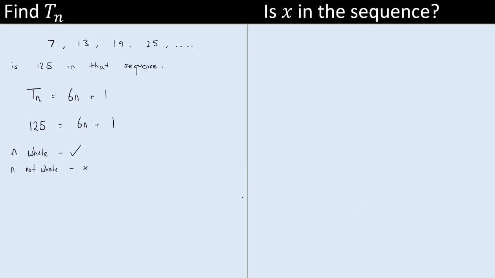Okay, and you will have solved equations like this time and time again. I shouldn't have to go out of my way to say what this is. But what we eventually find out is that n is 124 over 6. Now, my mental arithmetic would tell me that 124 does not divide by 6 to get us a whole number. 120 would, that would be 20.